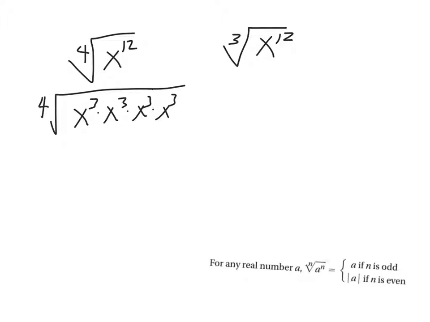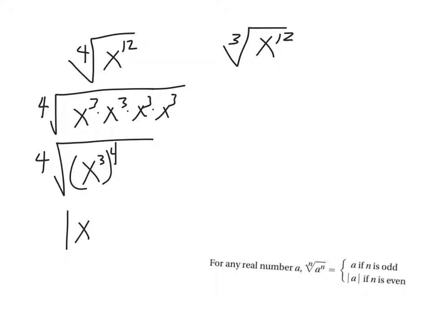So let me rewrite that another way that maybe makes more sense. The 4th root of x to the 12th is really x cubed, 4 times. And we can see here, since n is even, we need the absolute value of that x cubed. And again, that's just in case it were a negative, it's going to force that positive to come back out.